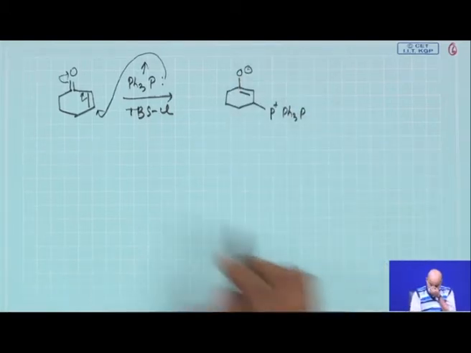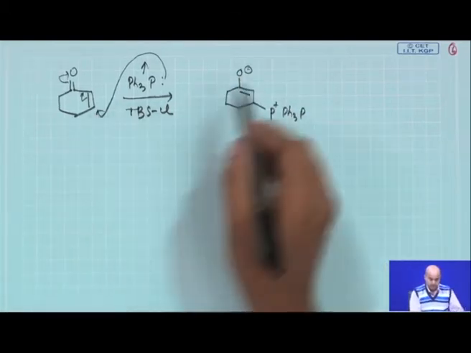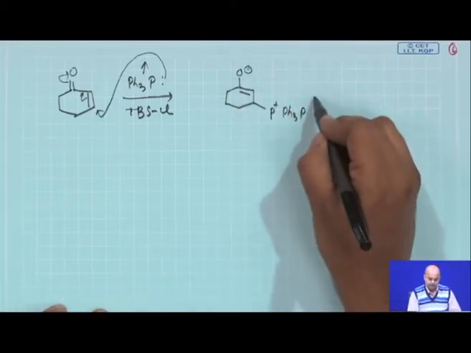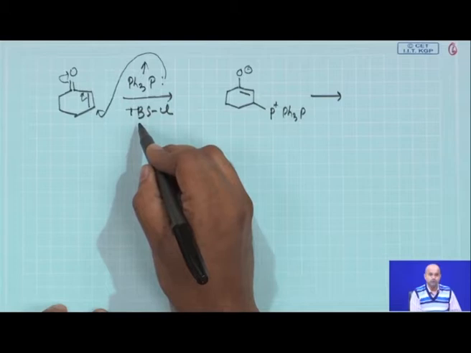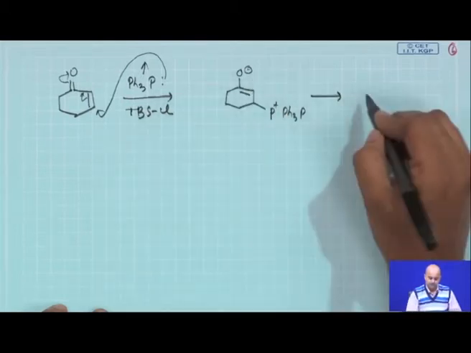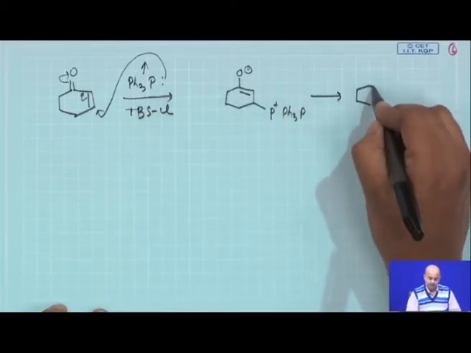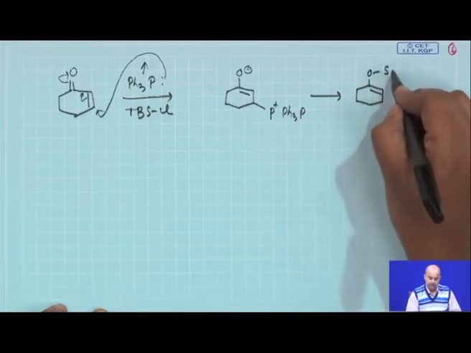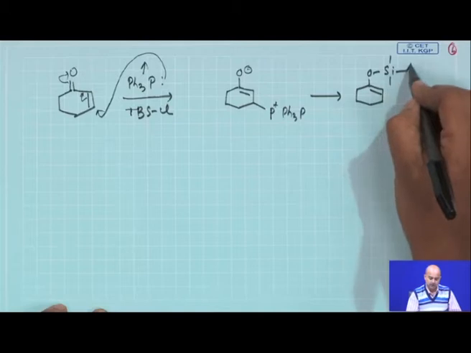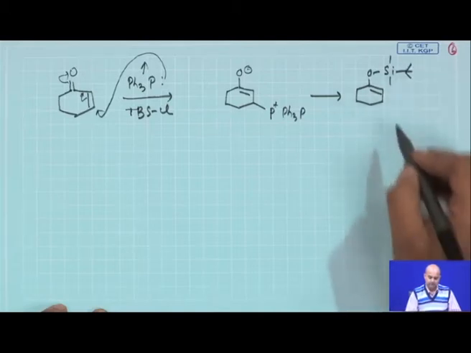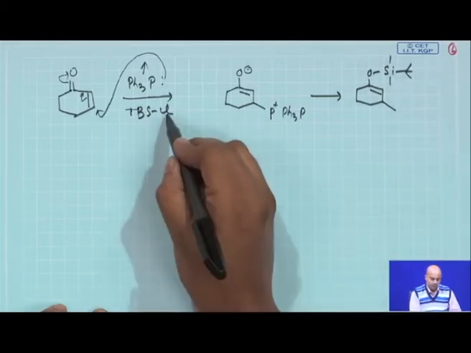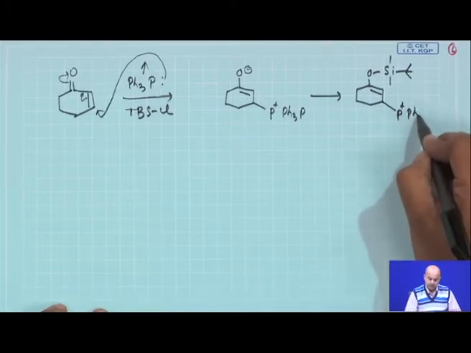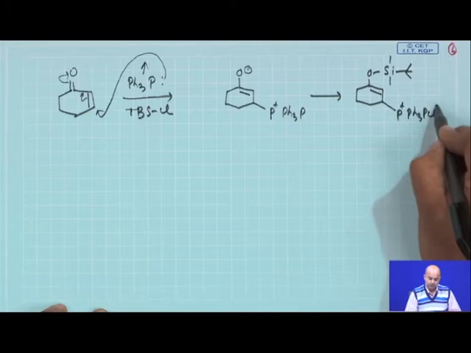The initially generated enolate comes to this position. Now, this O minus, you are having TBS chloride. So, this is ready for enol ether formation. You have this O Si methyl tertiary butyl, and the chlorine here can now neutralize the triphenyl phosphonium salt.